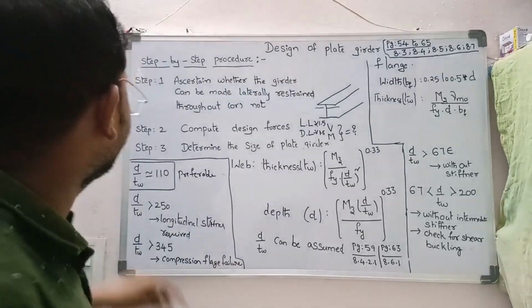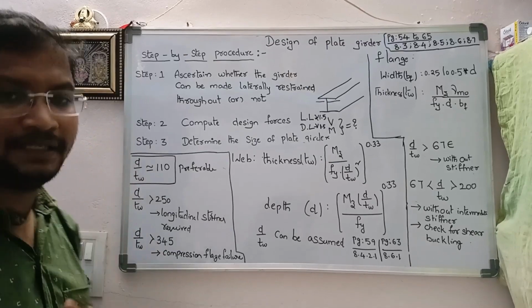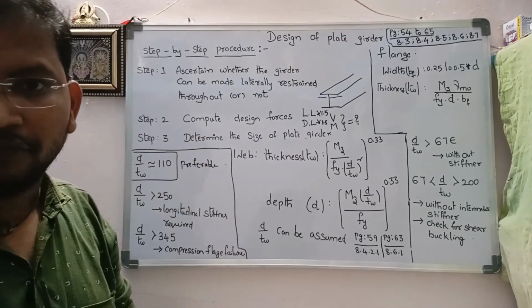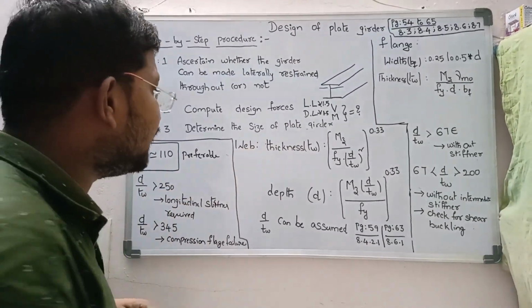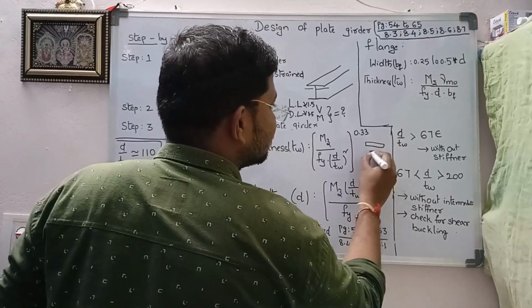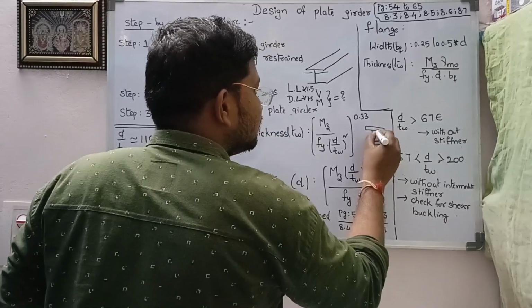Step number 3, we need to decide the size of the plate girder. Plate girder means we may have flange at top and bottom and the web.